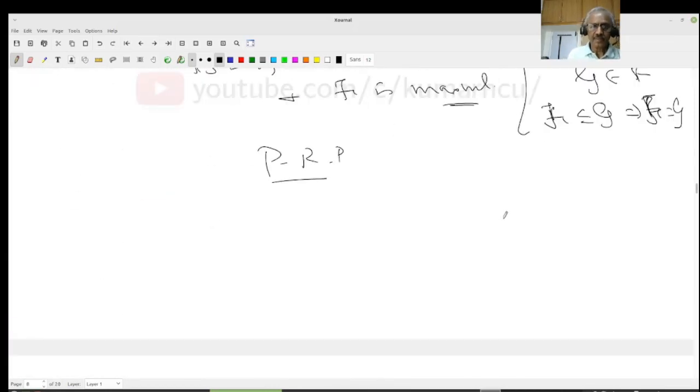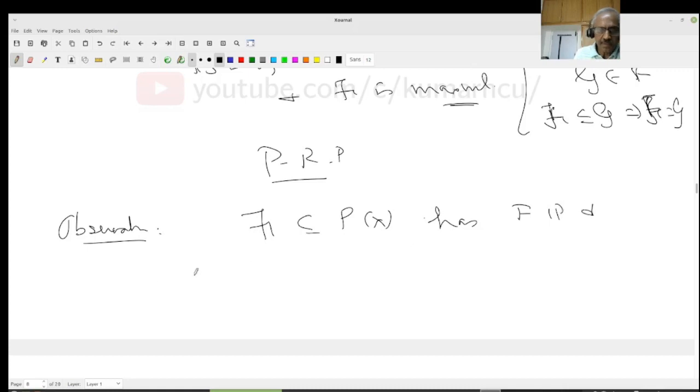Now the next observation is this. Suppose F, again, X is a set, and F is a family of subsets that has FIP and is maximal.